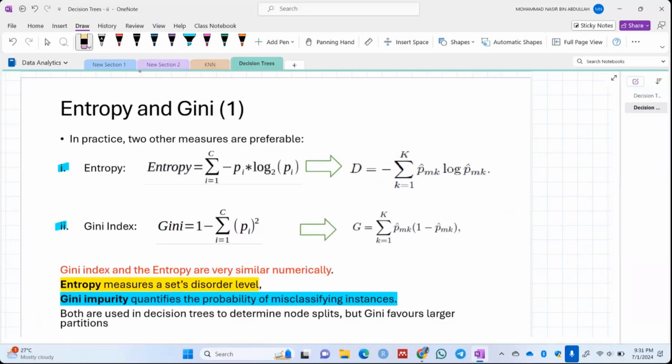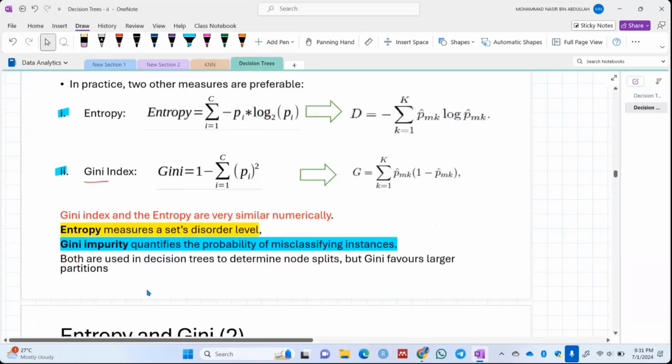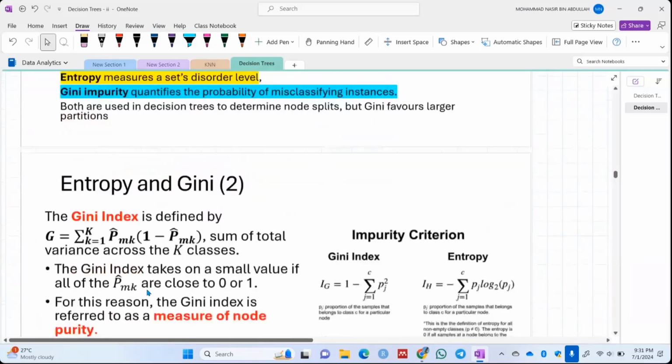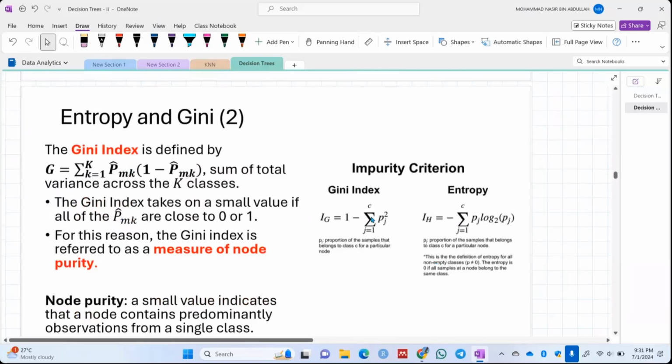You usually use the Gini index to measure the split point. Entropy is the summation of negative proportion multiplied by log of proportion base 2. For Gini index, it is 1 minus the summation of proportion squared. Entropy measures the disorder level, and Gini impurity quantifies the probability of misclassifying an instance, right? So this is the same thing.